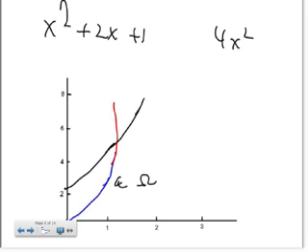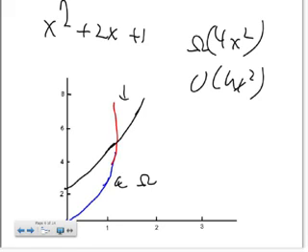So this is omega of 4x squared. And then the part in red shows O of 4x squared, because that's the upper limit as you go higher and higher on the axis.